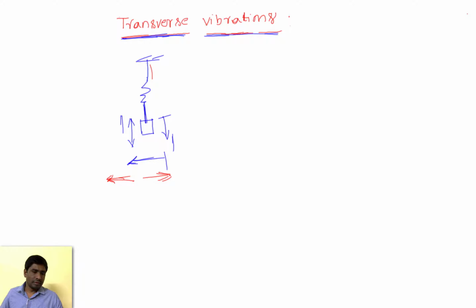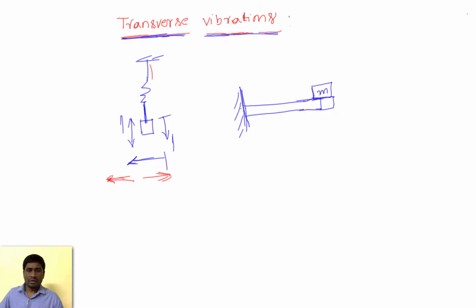In the same way, if I consider a cantilever beam, so this is the cantilever beam, and I have some mass m situated on this cantilever beam here. If I take this cantilever beam as massless and this mass is m, because of this mass it will deflect like this.